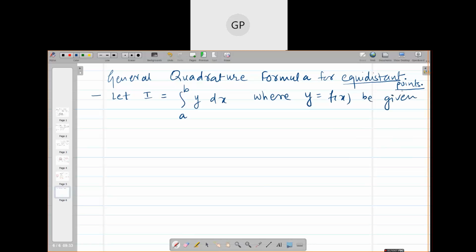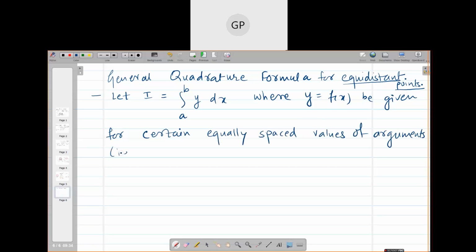Function is given to you, be given for certain equally spaced values of arguments. Arguments means x values, that is x values.